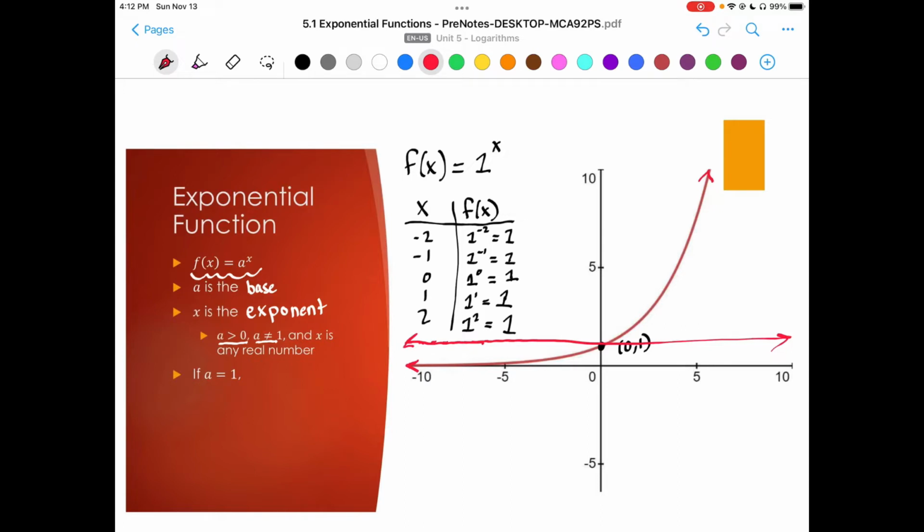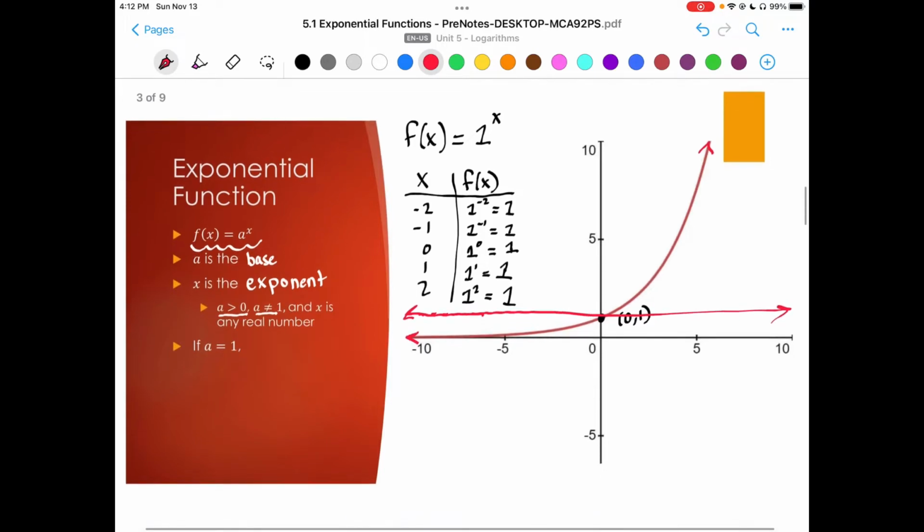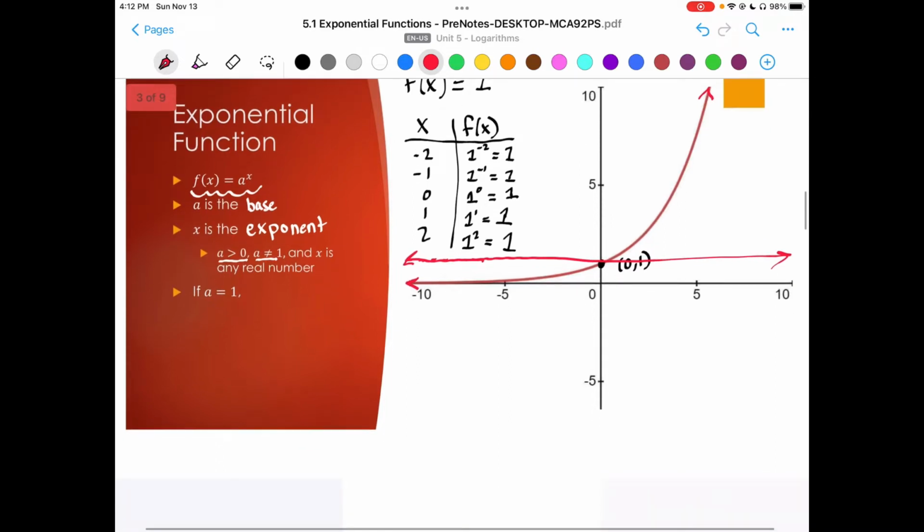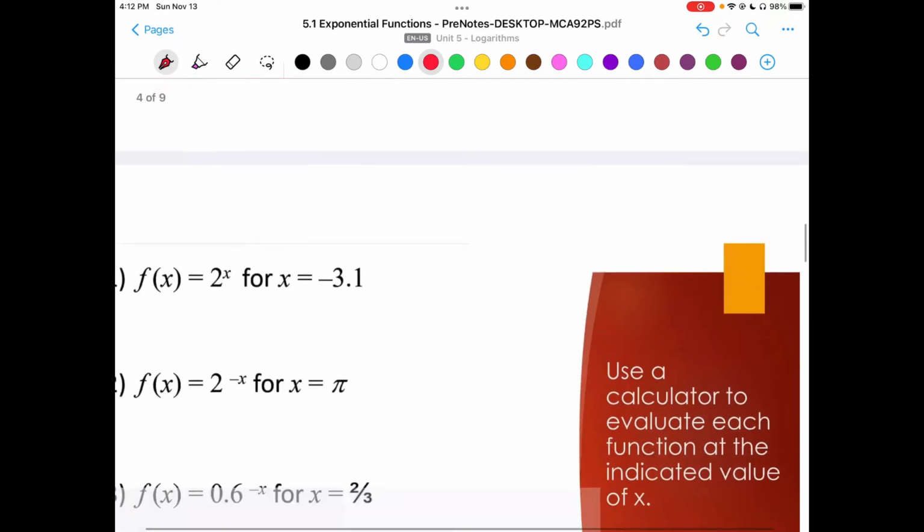So other than 1, and all of the positive numbers for a, this is what it's going to look like. We'll talk a little bit about what happens if a is less than 0 in just a little bit. Let's move on for now.